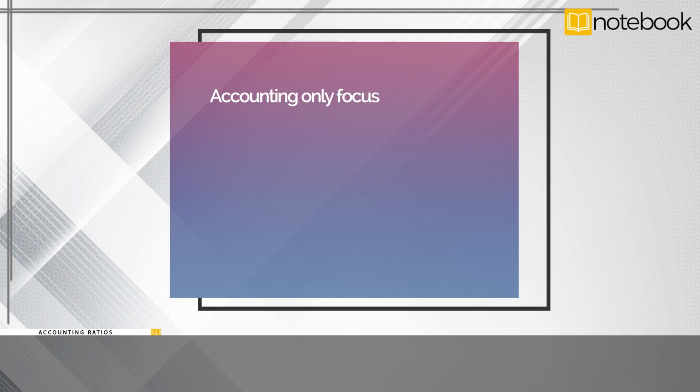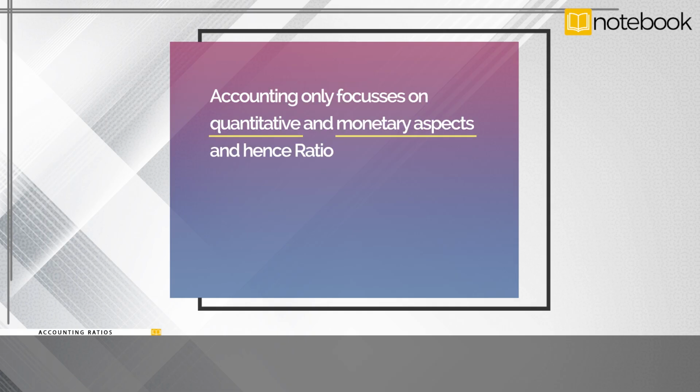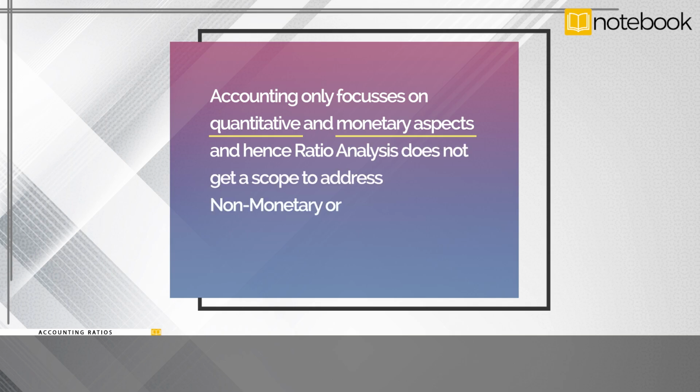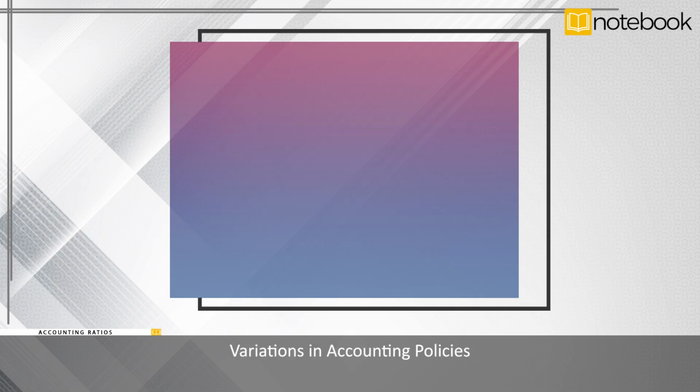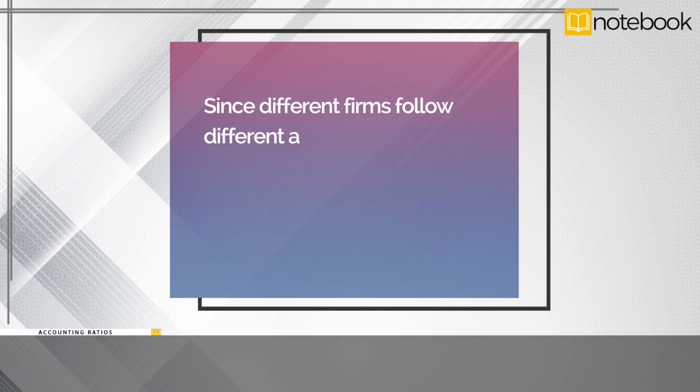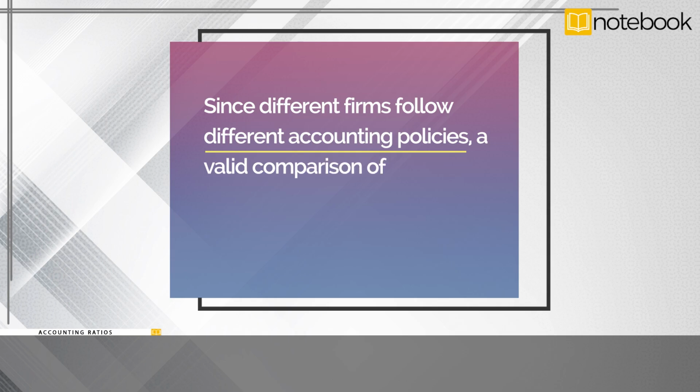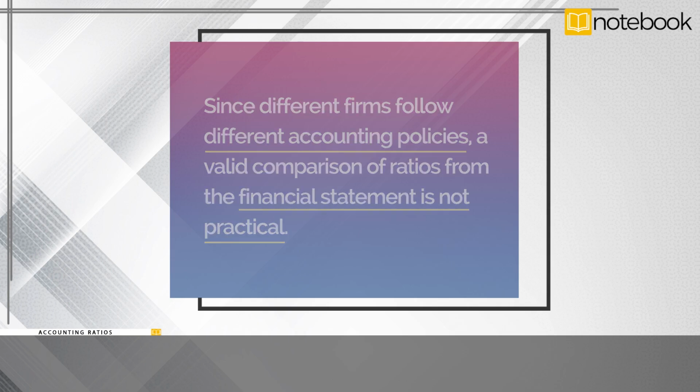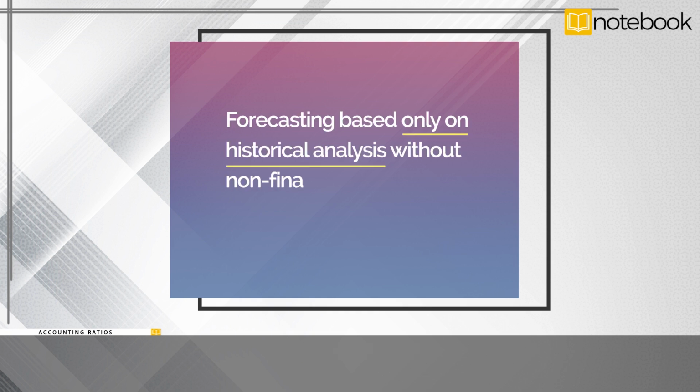Accounting only focuses on quantitative and monetary aspects, and hence ratio analysis does not get a scope to address non-monetary or qualitative aspects. Variations in accounting policies. Since different firms follow different accounting policies, a valid comparison of ratios from the financial statement is not practical. Forecasting loopholes. Forecasting based only on historical analysis without non-financial factors is not sufficient.